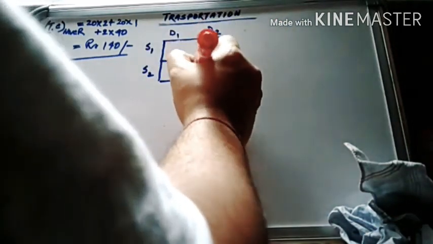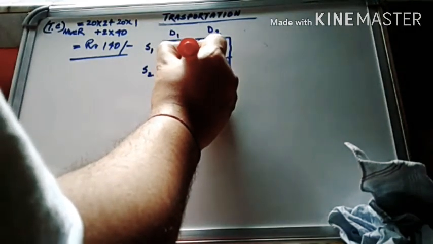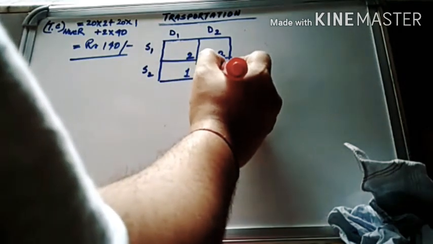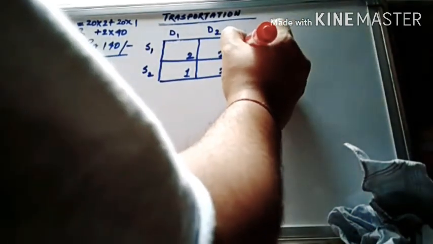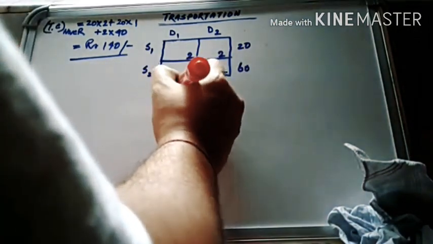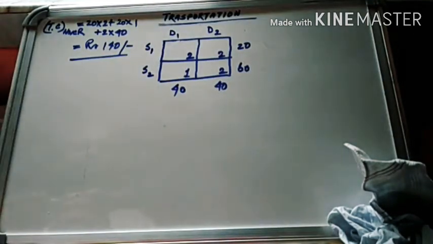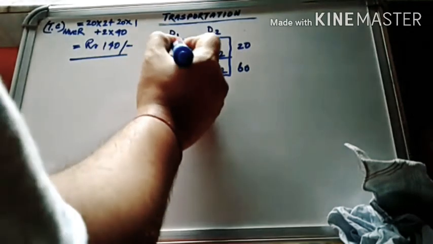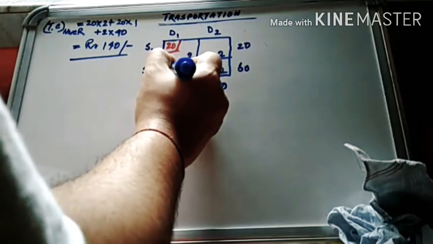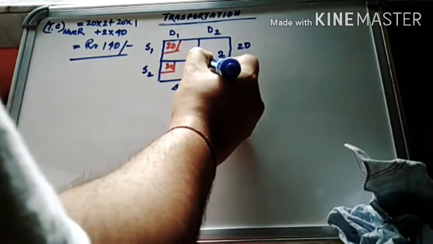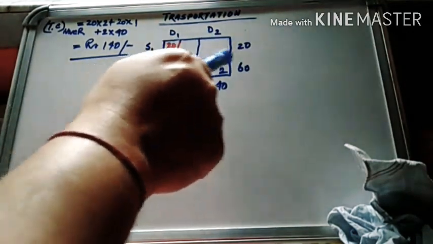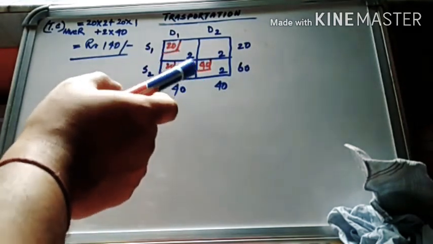Here we have 2, here also 2, here 1, and here 2, and this is 20, this is 60, this is 40, this is 40, and the allocations were 20, 20 and 40. So we have to find whether this allocated matrix is optimal or not.